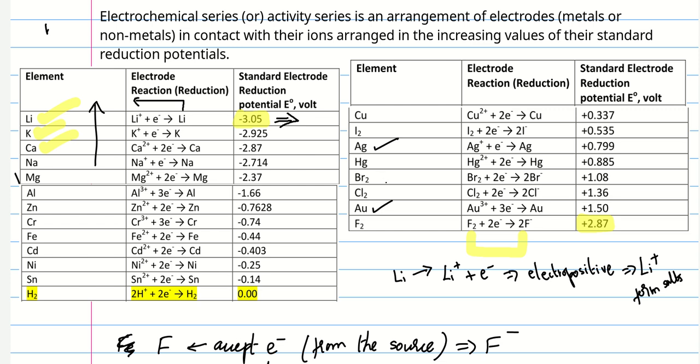Metals at the top have a greater tendency to form ions.